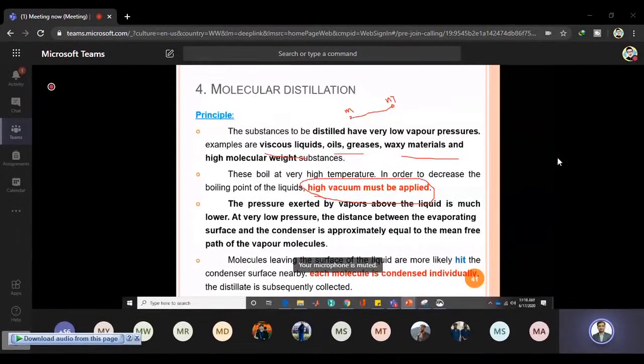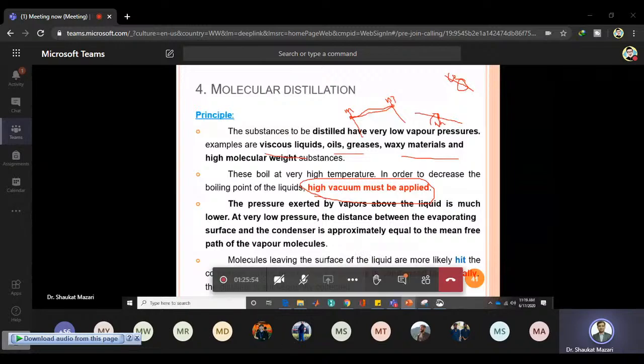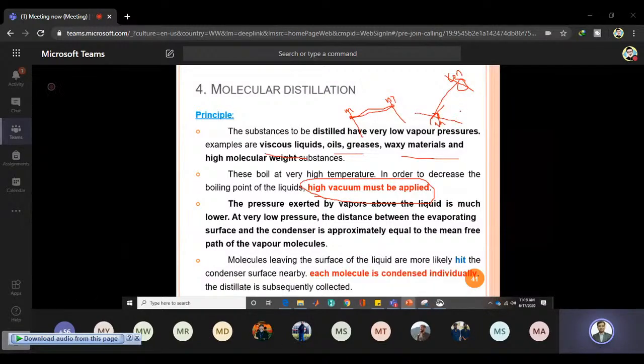Like this is a surface where you are going to vaporize your liquid, and this is the surface where you need to condense that vapor. Now this is actually mean free path for such a system. Molecules leaving the surface of the liquid are more likely to hit the condenser surface. Each molecule is condensed individually. The distillate is subsequently collected.